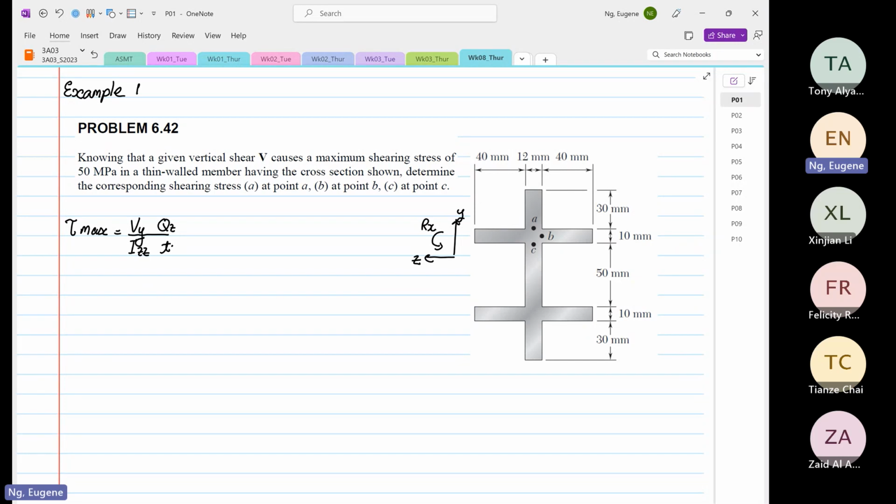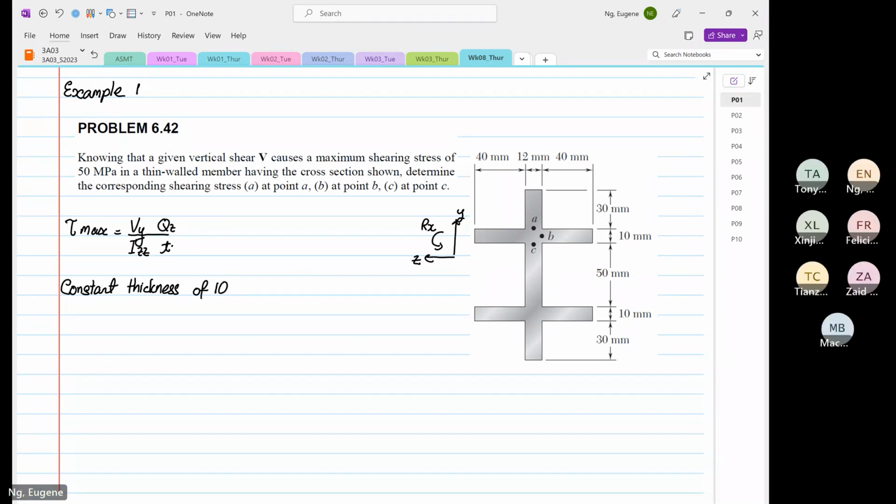So what we realize for this structure over here, it has a constant thickness, okay, constant thickness of 10 millimeters, or 0.01 meters.